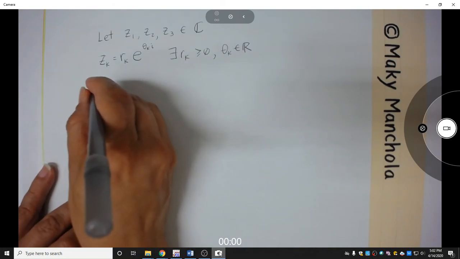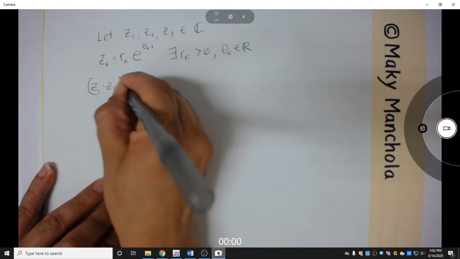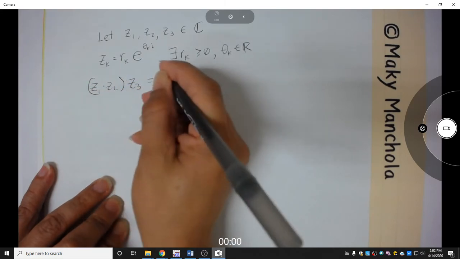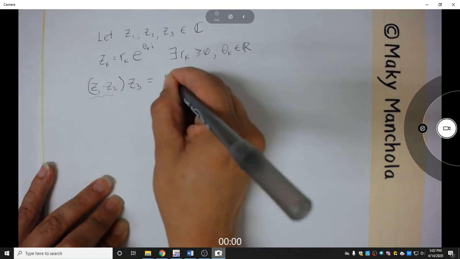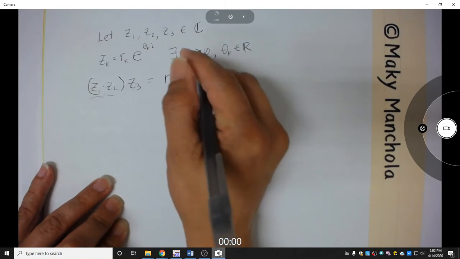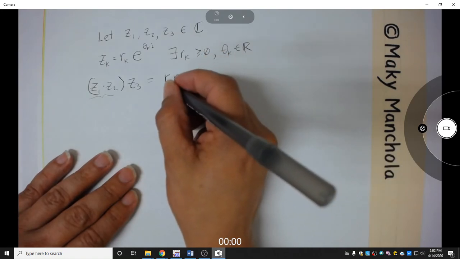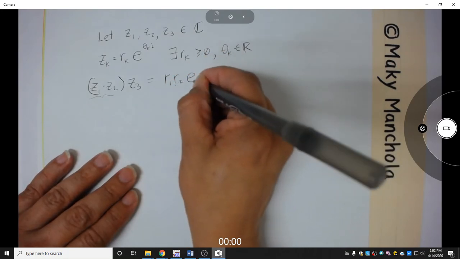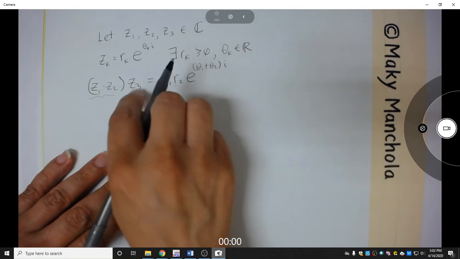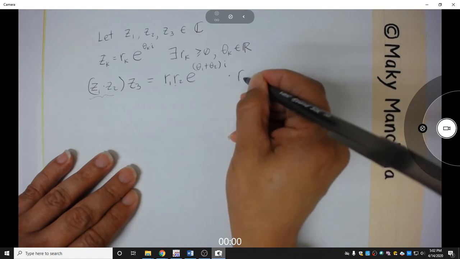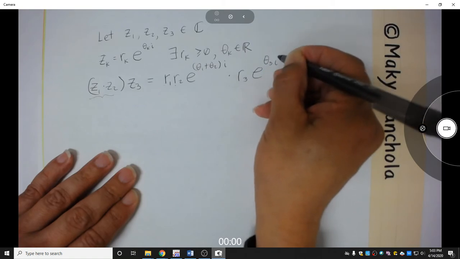So when you multiply z1 times z2 times z3, by the rule of multiplication of complex numbers in polar form, this product will be r1 r2 e to the (theta 1 plus theta 2) i, and then times r3 e to the theta 3 i.